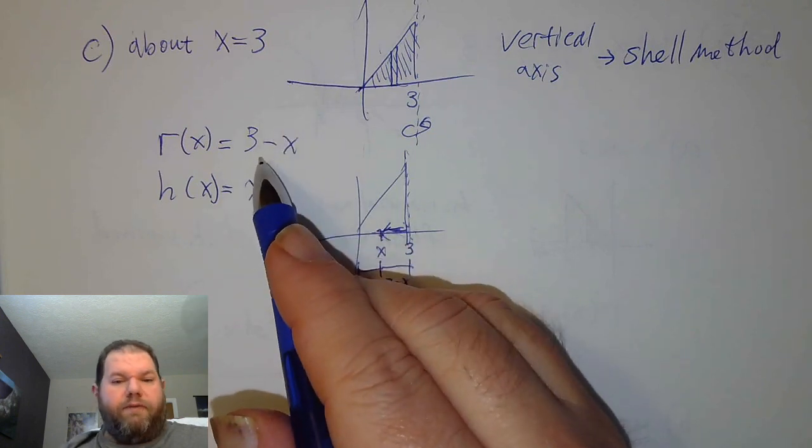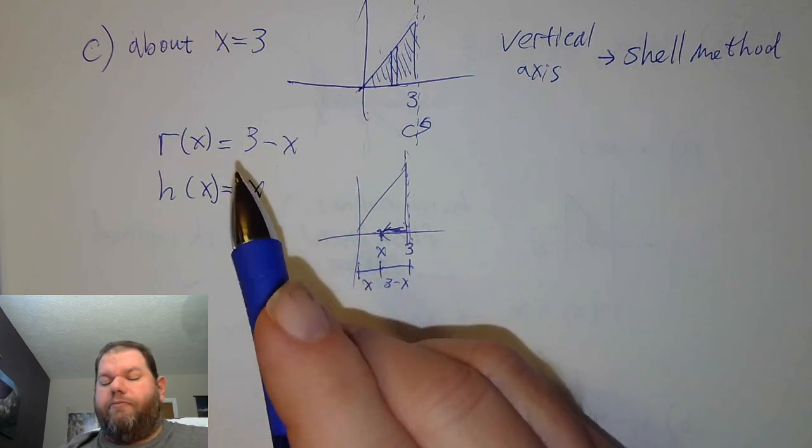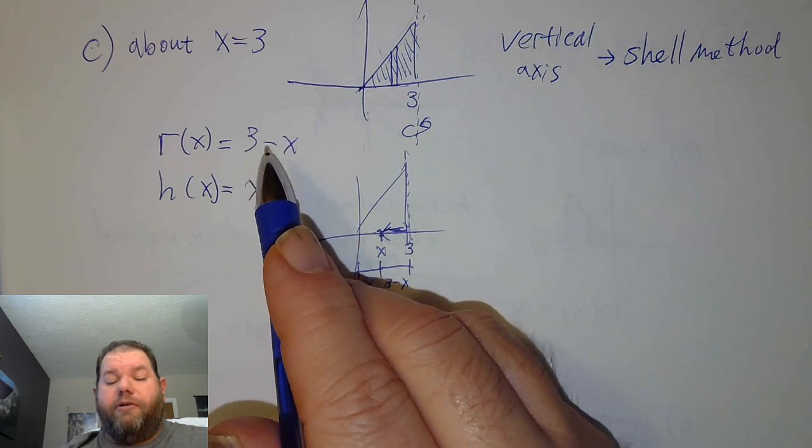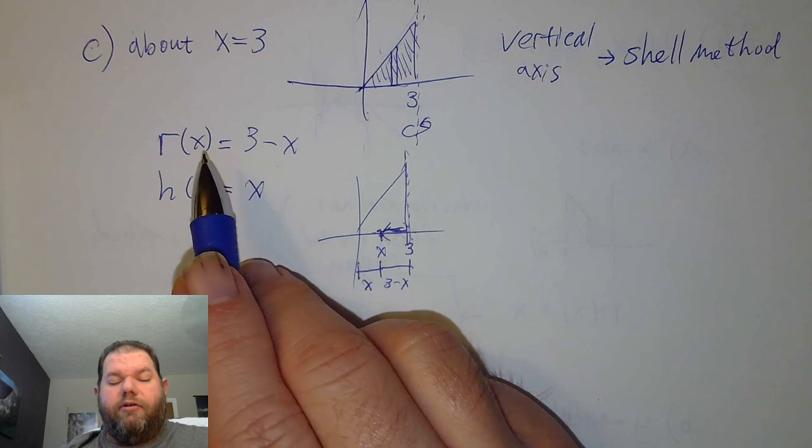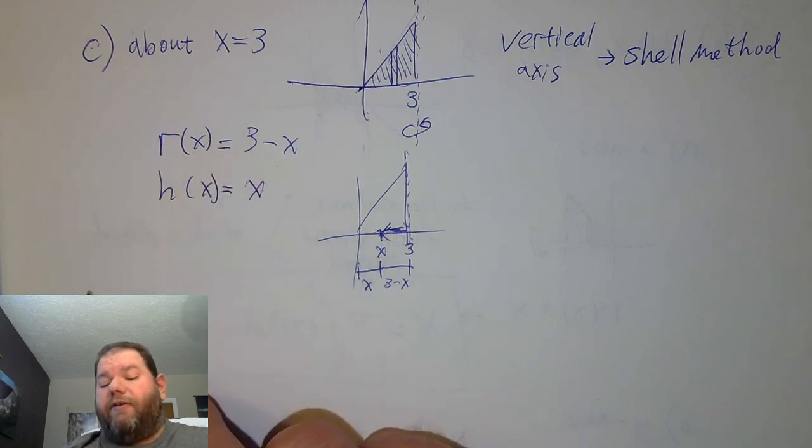That might be one of the more difficult aspects in this particular chapter, is working with the radius function no longer just being x.